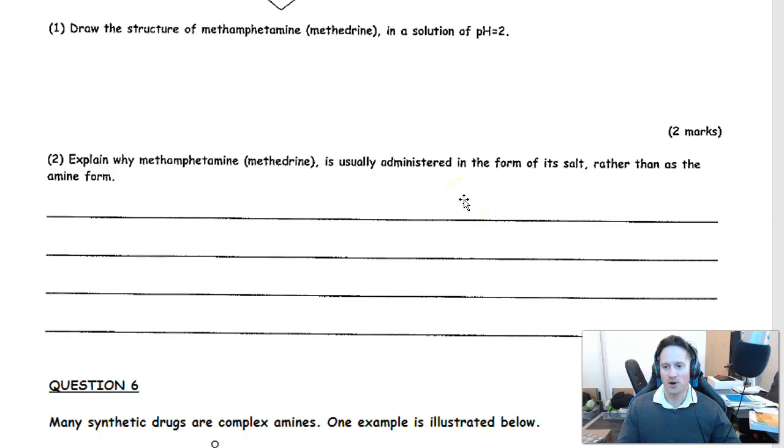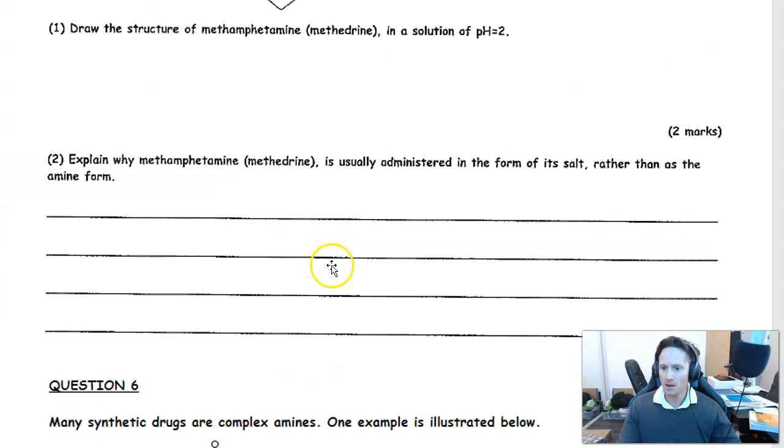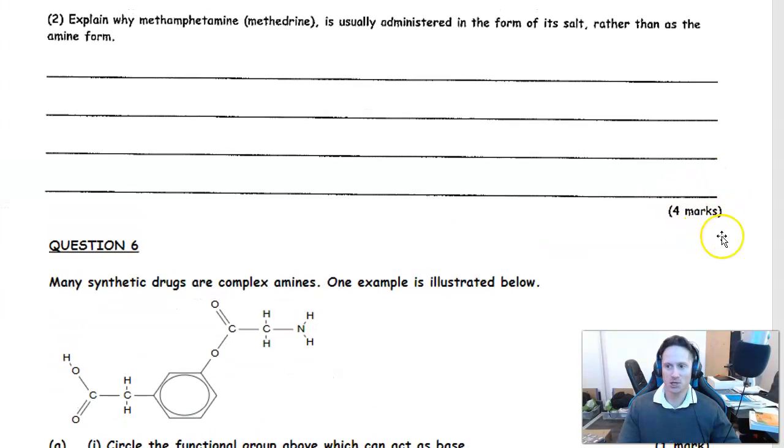So in the body, there's lots of water, so we want to talk about solubility with water. Compared to the limited degree of hydrogen bonding that is possible between the amine molecules and the polar water molecules. Essentially, just the fact that ion dipole is stronger, so you've got a stronger interaction, so it's more soluble. And 4 marks associated with that.